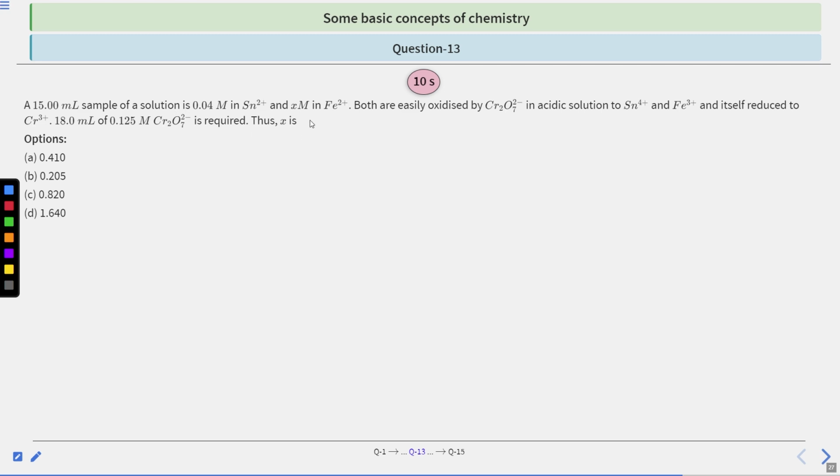Thus, X is: options are 0.410, 0.205, 0.820, and 1.640. You have 10 seconds to solve this question. After that, we will see the answer.